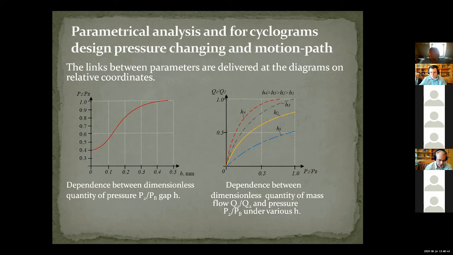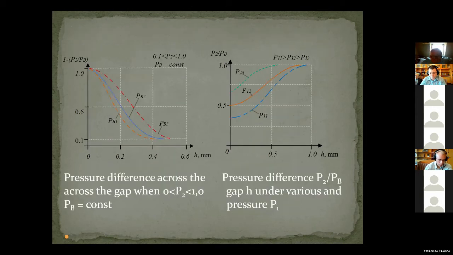It is clear that Q1 equals Q2 in the case when P2 equals PB. The pressure difference across the gap is then more than 0 and smaller than 1.0, and PB is constant. The pressure difference between P2 and PB across the gap H under various pressure P1, the characteristic of pressure in relative coordinates, and functions on gaps are delivered in these figures.